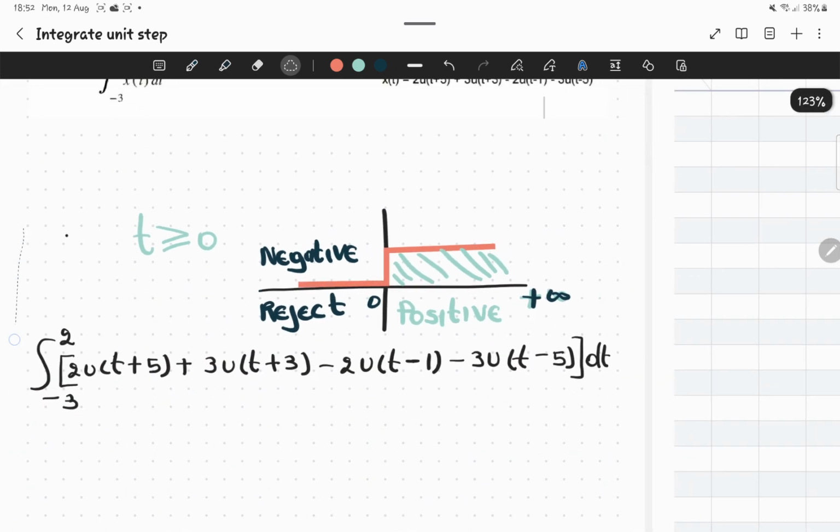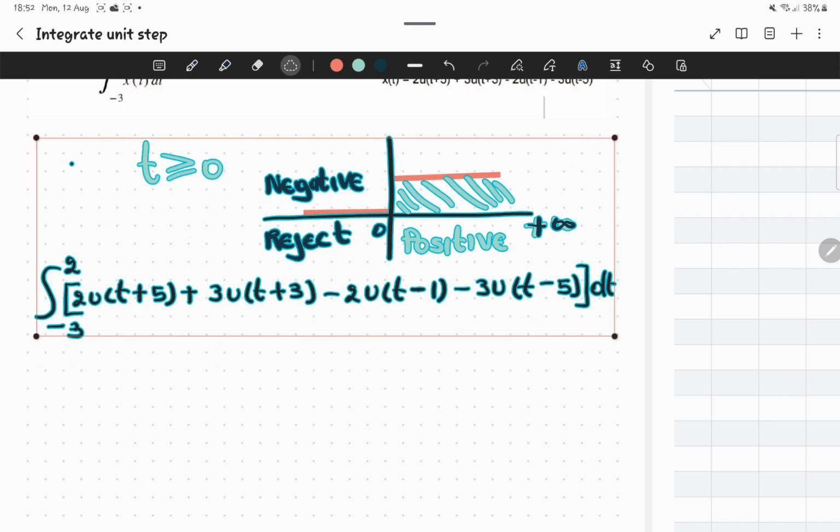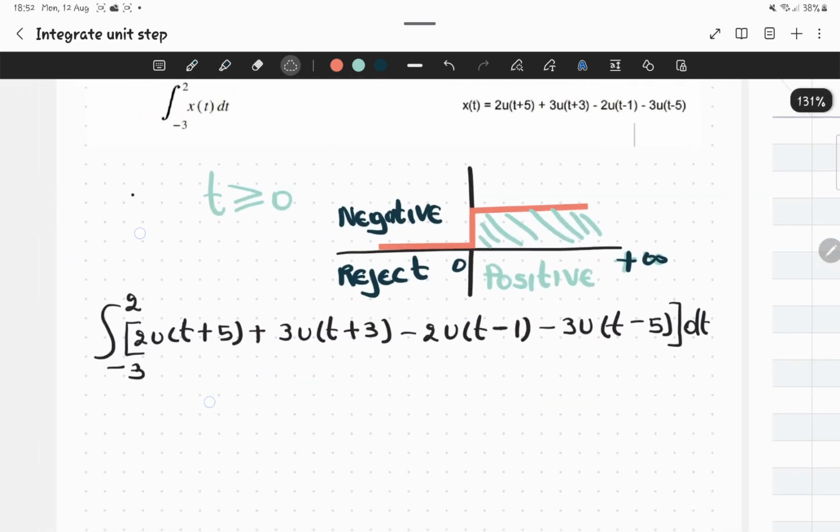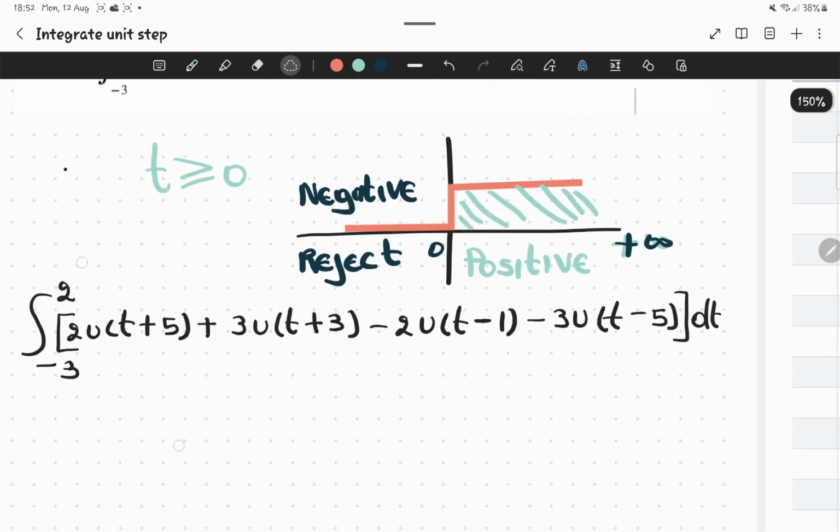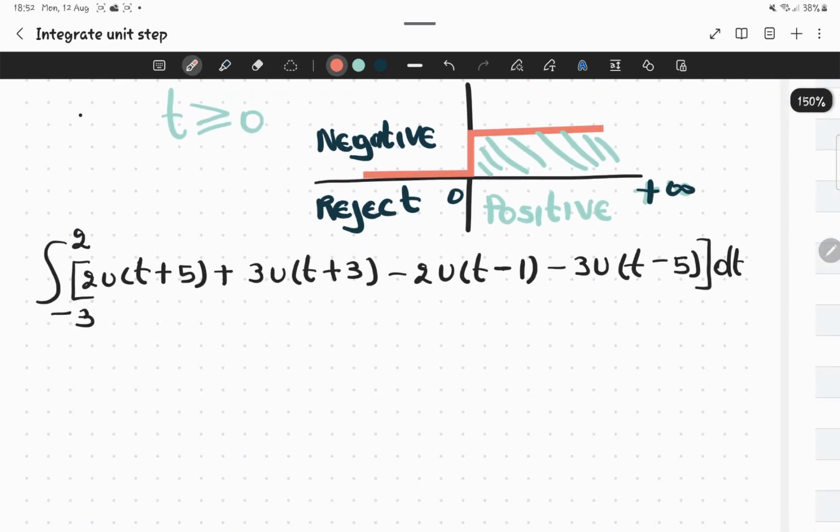So in this way we can start. Let me just move it up a little bit. Now we have enough space to start. Now we're gonna check this t intervals if it's correct. We're gonna start from -3 to 2, and then check the unit step range.